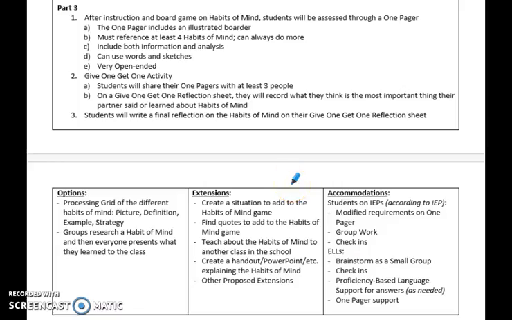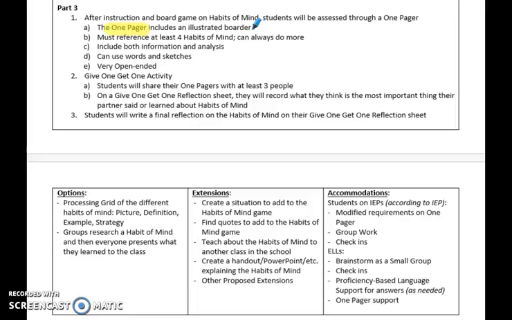After the board game, part 3 of this lesson is the assessment part, the 1-pager, where students will be able to show what they have learned about habits of mind. What they will be required to do is create a border on their 1-pager, and then within the center of their paper, they're going to reference at least 4 habits of mind.